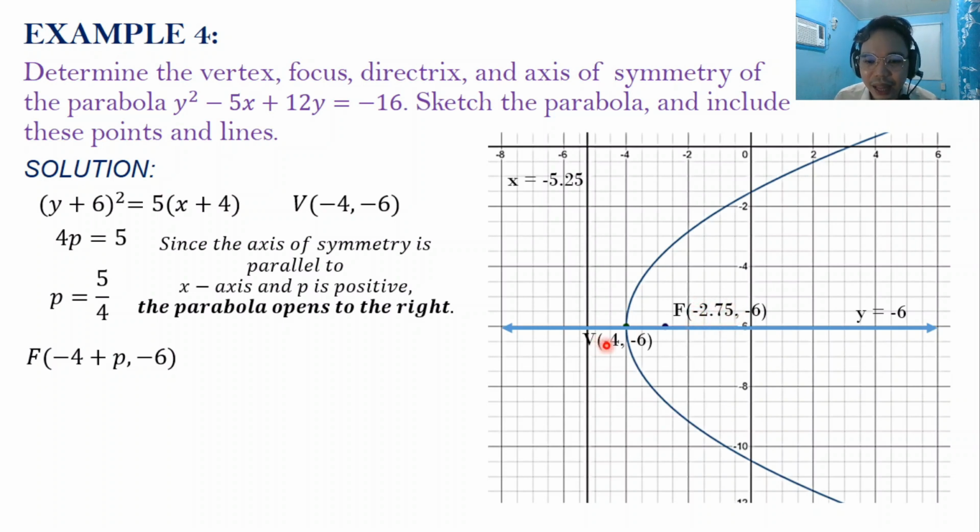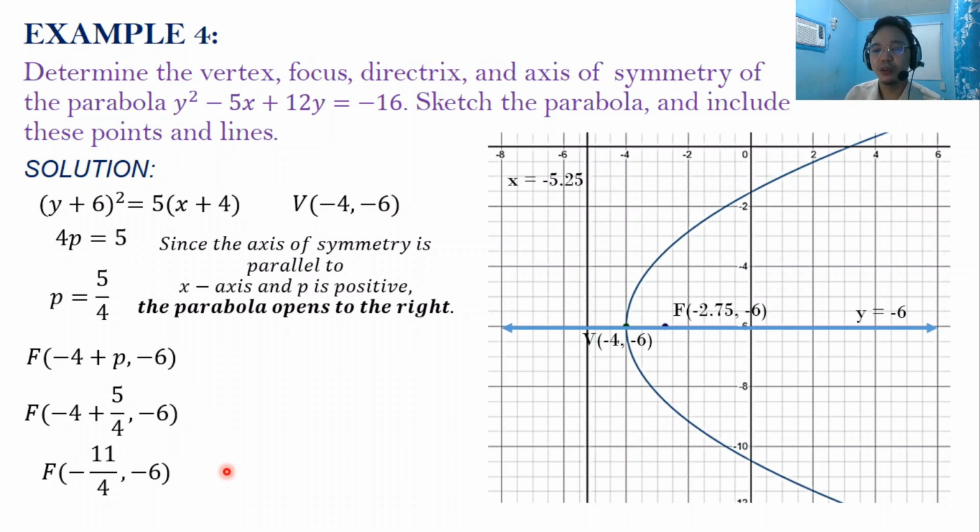So, that is negative 4 plus p, negative 4 plus 5 over 4. Then, we will have negative 11 over 4, negative 6 as our focus. Upang mas mabilis natin siya na mai-plot sa ating rectangular coordinate system, mas maganda kung i-decimal form natin siya. Negative 11 over 4 is also negative 2.75. So here is the coordinate of our focus.